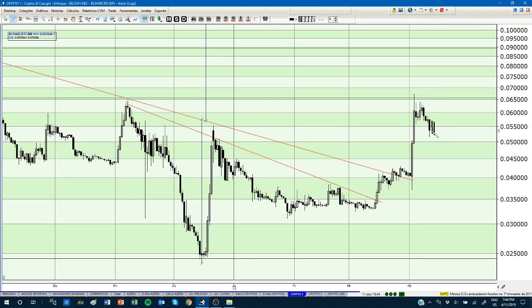If it keeps on doing that, we might eventually get ourselves a flag, and then it's going to present another possible good option, opportunity for a long position. Here we would buy in here and place a stop down here, right?